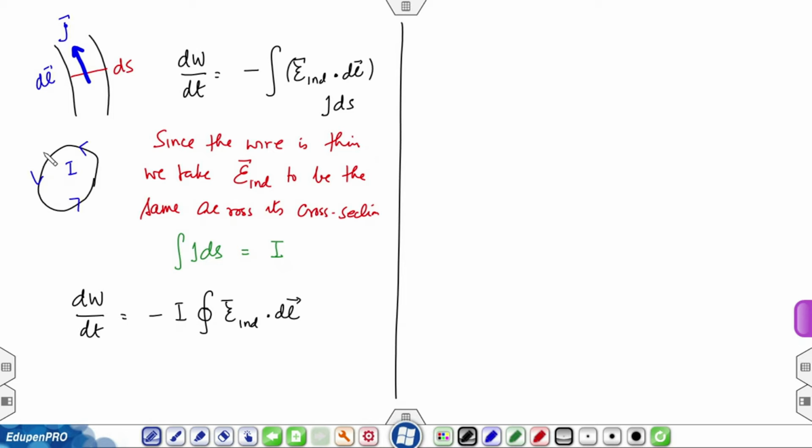So, dl is going all around because we are integrating over the entire volume.